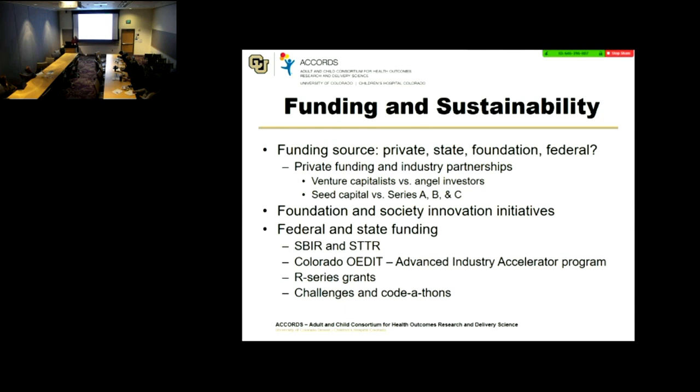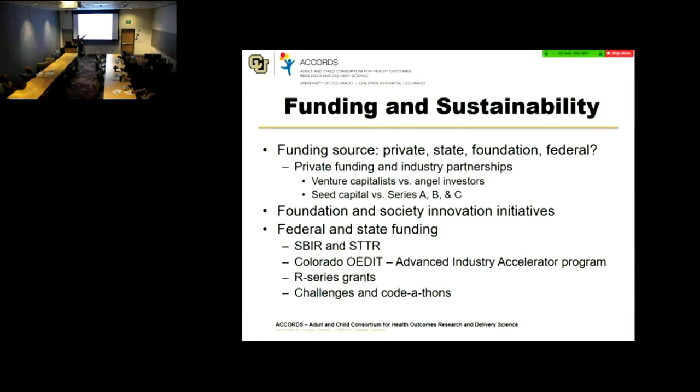The big difference in the two of these from an investigator perspective within an academic setting is that with the SBIR, the principal investigator must be employed by a small company. So you cannot, for example, work for Children's Hospital or the University of Colorado and be the PI on an SBIR grant, because you have to work for this other company more than 50% of the time.